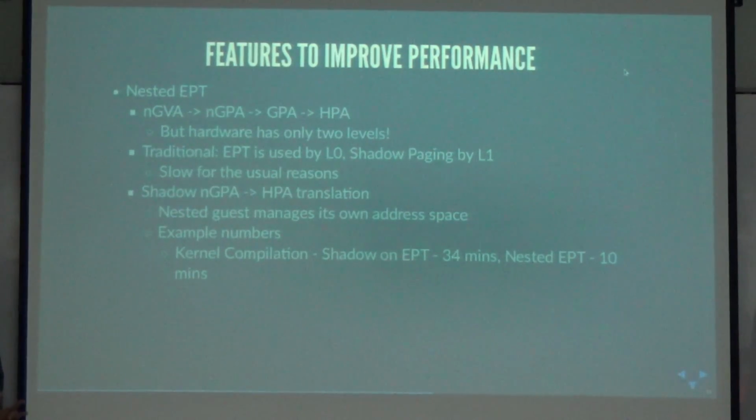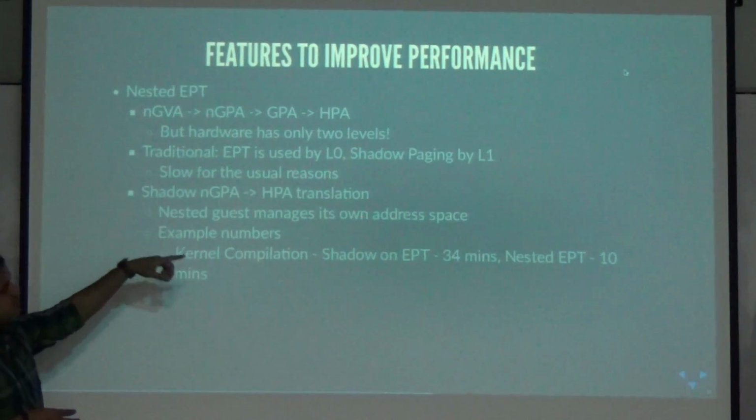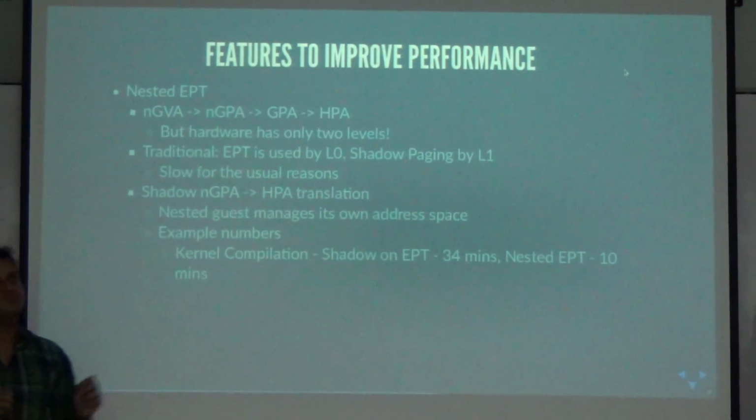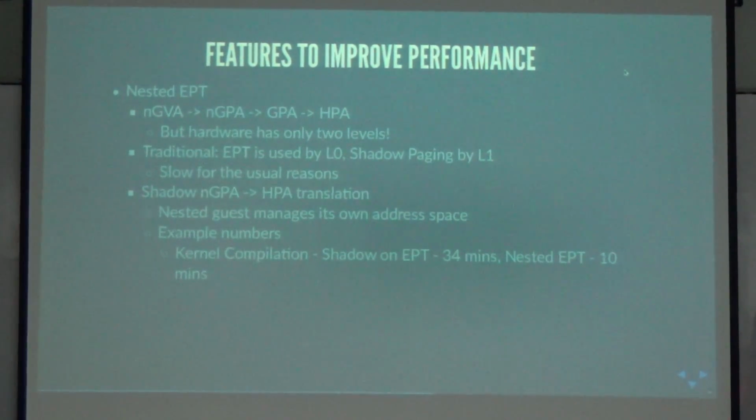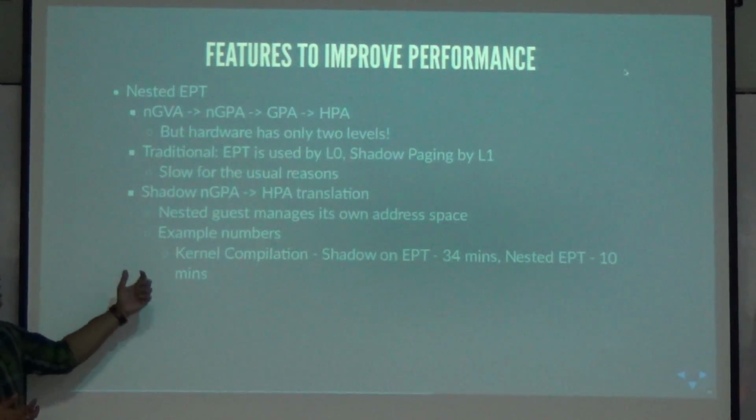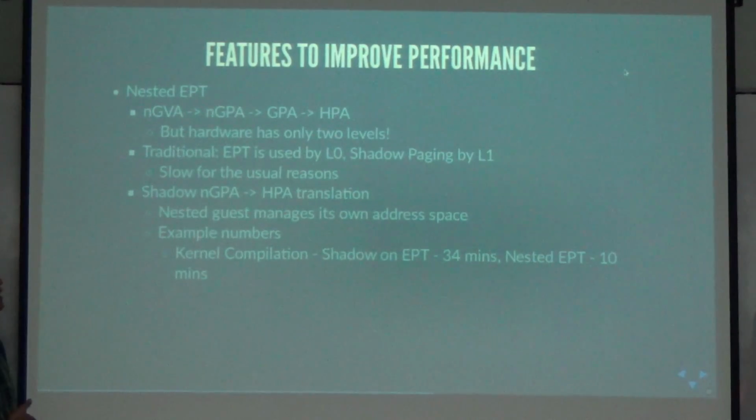So nested EPT is a way to optimize the use of the EPT hardware for nested guests. And the way this happens is every time the level 1 guest tries to create EPT page tables, L0, or the host hypervisor, will trap that operation, and it will create its own page tables on behalf of L1, just like we spoke about the creation of VMCS.